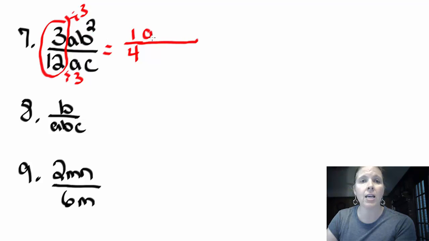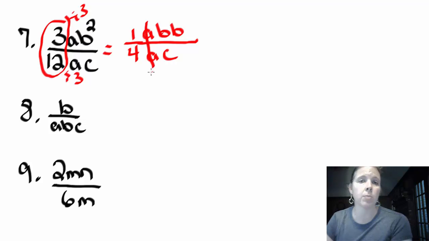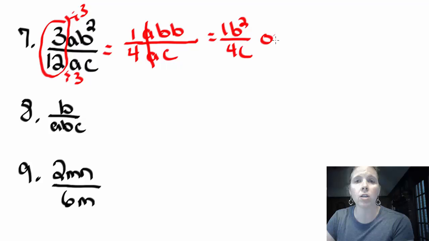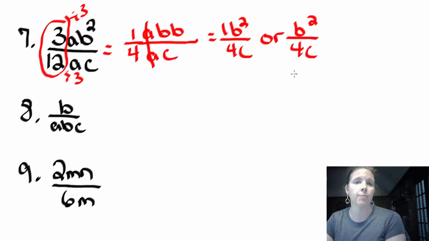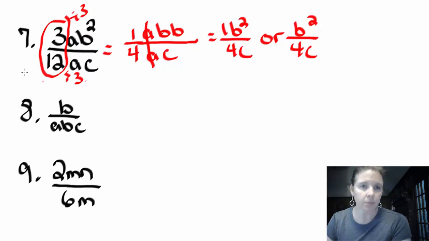We have an a, and then 2 b's, and then we have an a and a c. So what can cancel out here? Our a's can cancel, or they just become 1, which means we don't have to write it. So this becomes 1b squared over 4c, or you can just put b squared over 4c. I'll take either one. It doesn't matter. You don't have to put that 1 in there, but you can.